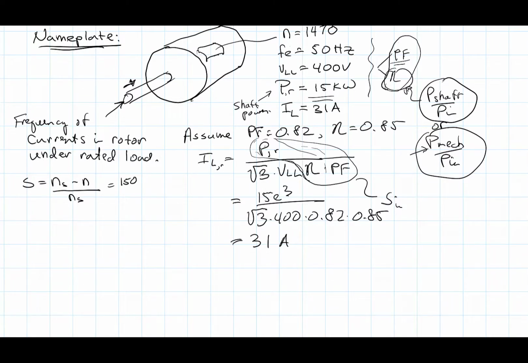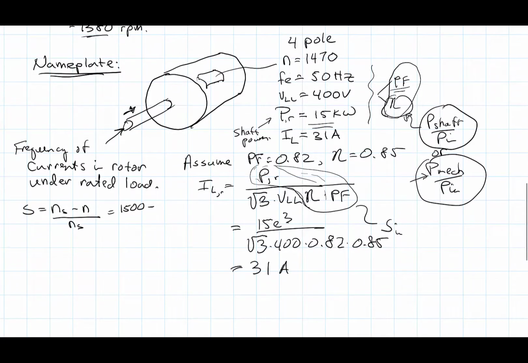So 1500 minus the rated speed, which is 1470, divided by 1500, and I have a slip now.